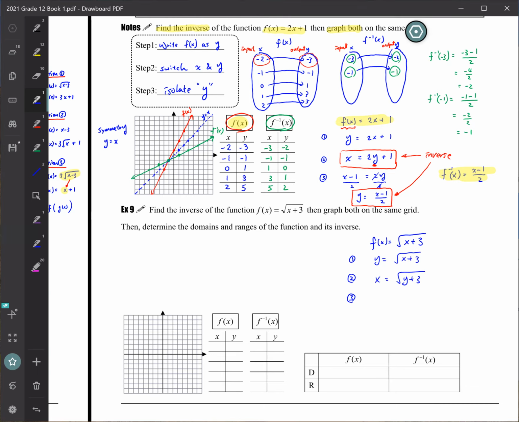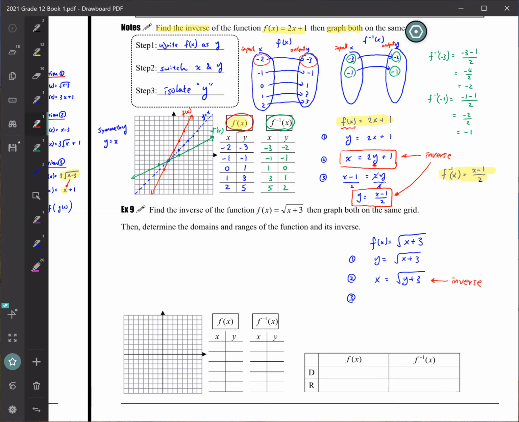Even though they did not isolate y yet, it's still called an inverse. It's just not in a form that we like. The moment you switch x and y, it's already an inverse. It's a different function.